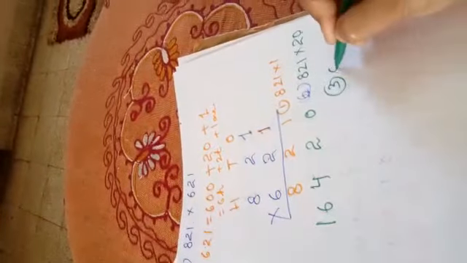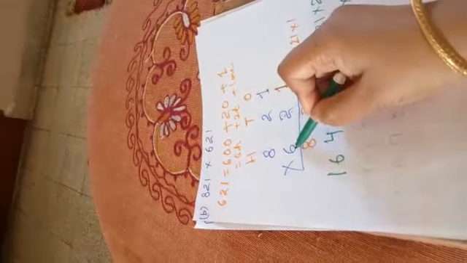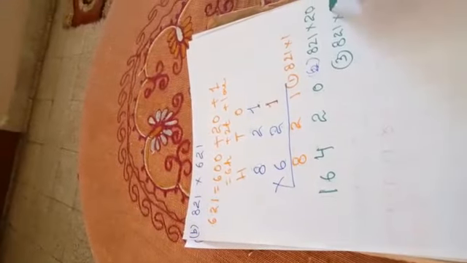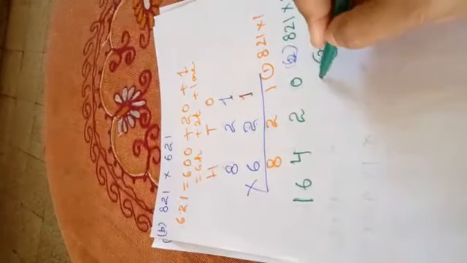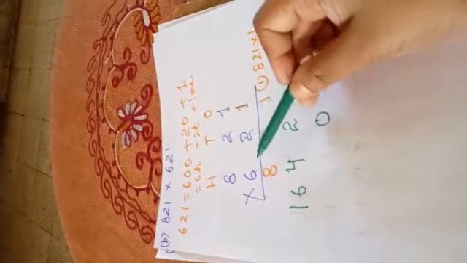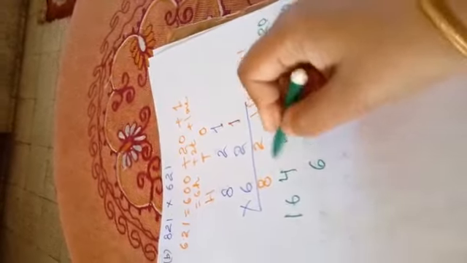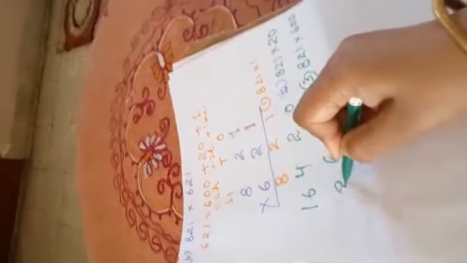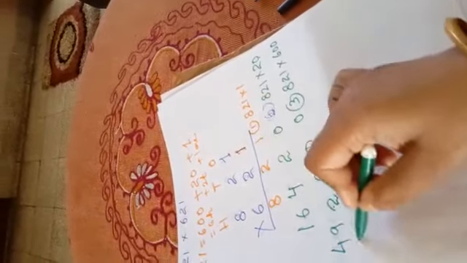Now come to third. This 821 will be multiplied by which place digit of the multiplier? 600 place. So 600. Since 600 is having two 0s to the right side, so the product will also have two 0s to the right side of the product. Now we'll start the multiplication. 6 ones are 6, 6 twos are 12, 2, 1 carryover, 6 eights are 48 plus 1, 49.